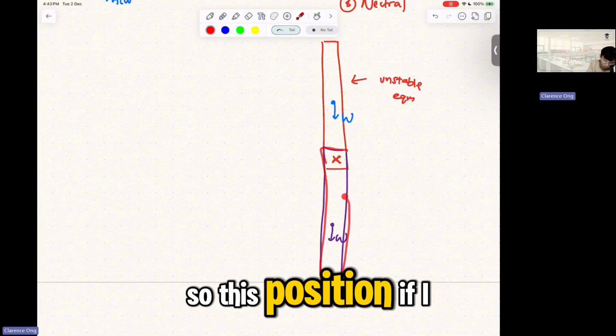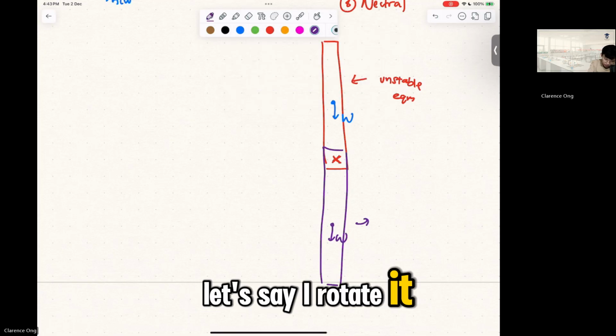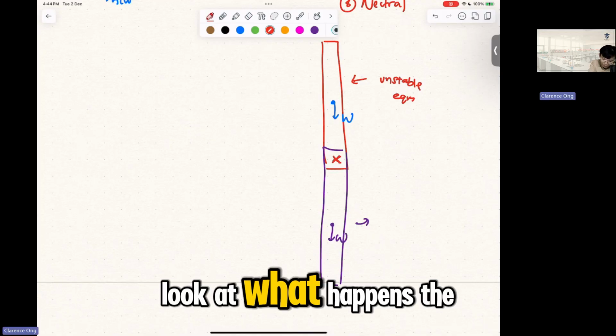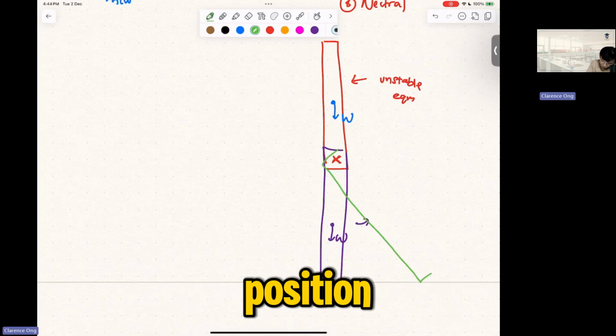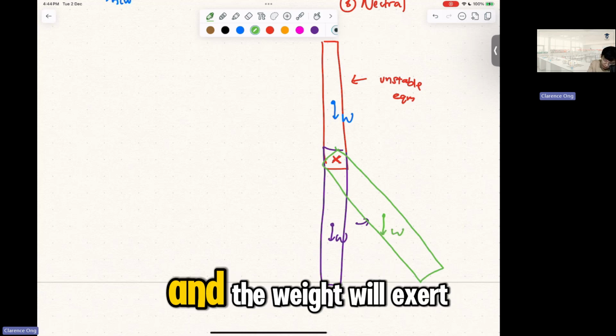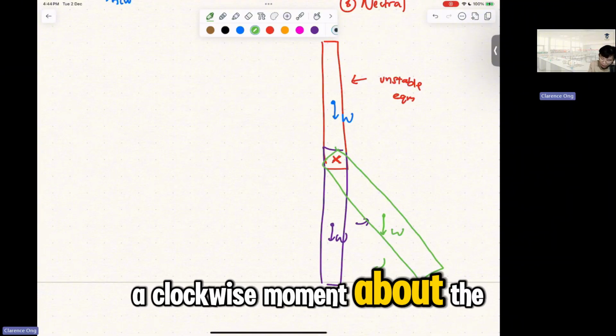So this position, if I displace the ruler slightly, let's say I rotate it anti-clockwise, look at what happens. The ruler will be in this position with the weight over here, downwards. And the weight will exert a clockwise moment about the pivot.